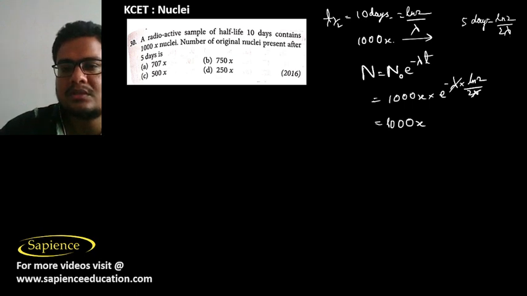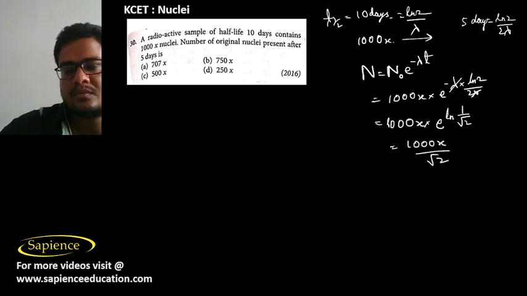That gives 1000x into e power ln 2 power minus half. So that is 1 by 2 power half, which means it is 1000x divided by root 2. So I can write this as 500 into root 2.